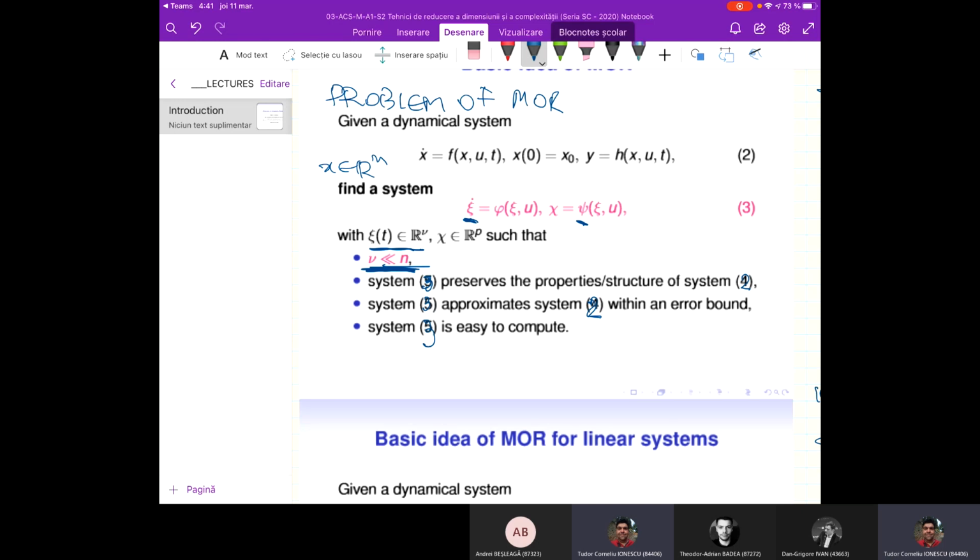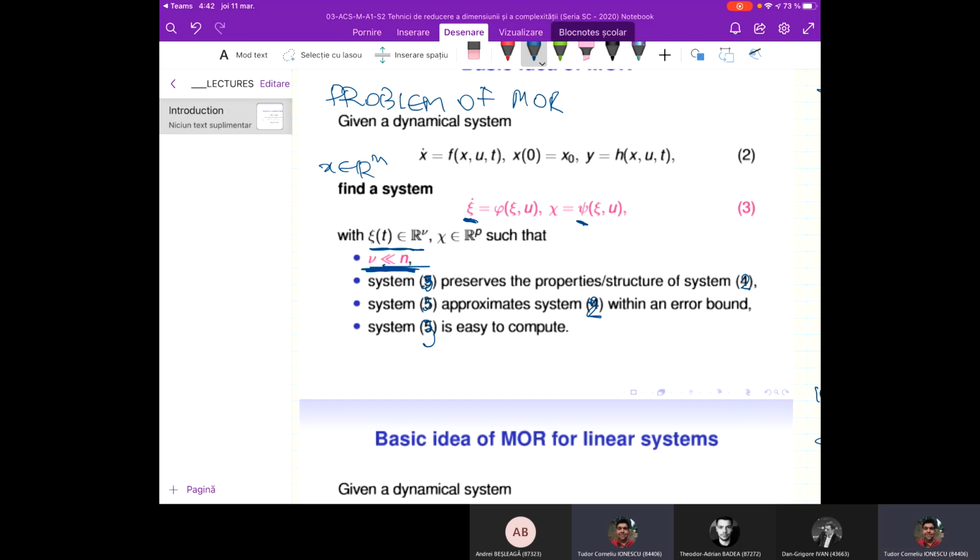Then you'd like to check the accuracy of the approximation, measuring the norms I just showed you. You would like to keep an eye on the accuracy of the approximation. You'd like the approximation to be as accurate as possible, and of course, you'd like to have a reduced computational effort.